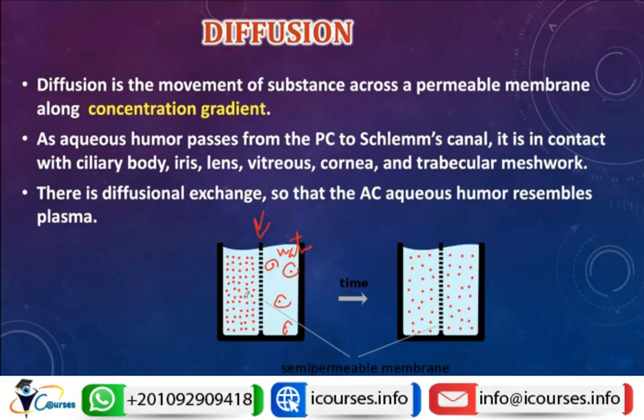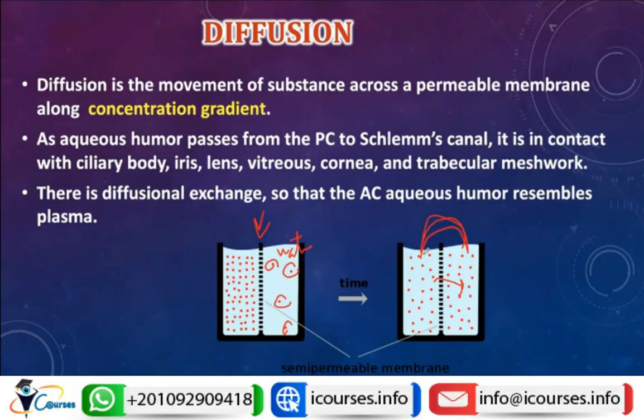So what will happen? According to the concentration gradient, with time the salts or molecules will pass across this semi-permeable membrane to the other side, so that the concentration will be equal on both sides. This is one of the mechanisms of formation of aqueous humor.